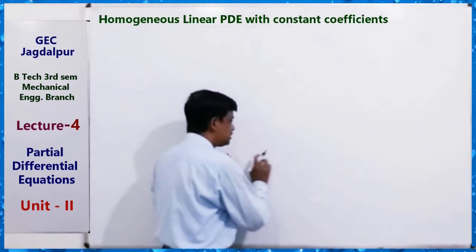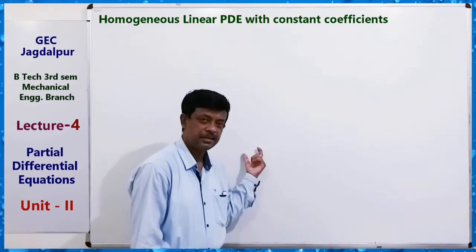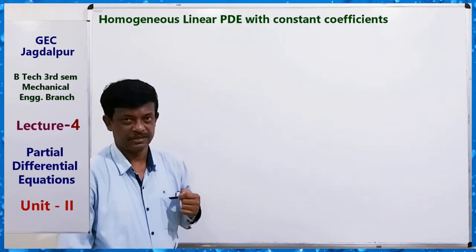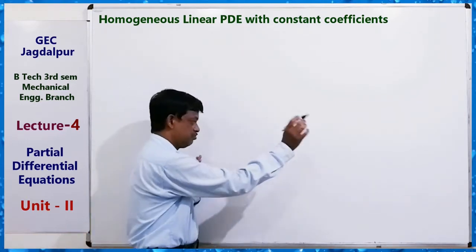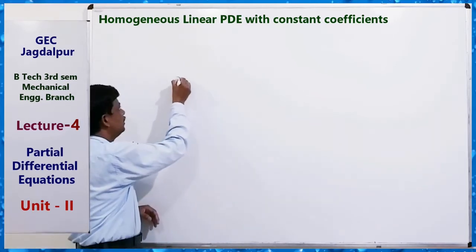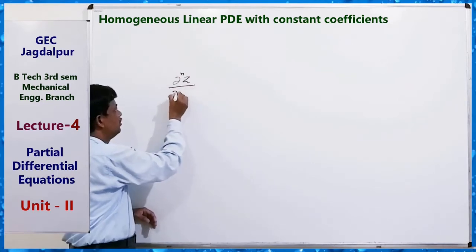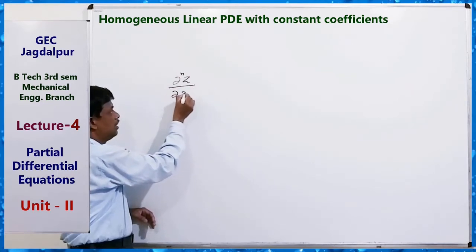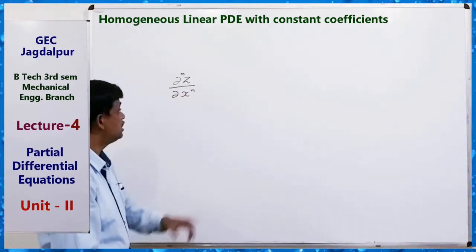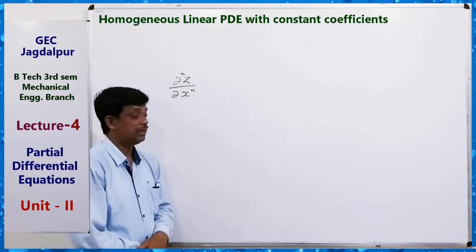If each term of the equation on the left hand side contains the same order of partial derivatives. Suppose an nth order partial differential equation. We can write it as del n z upon del x n, the nth order partial derivative of z, where z is the dependent variable and x is an independent variable.